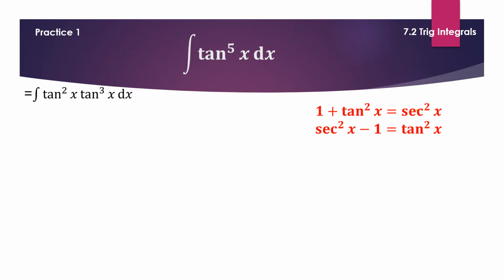Recall our identity of the trig functions. We can write tangent squared x as secant squared x minus 1.